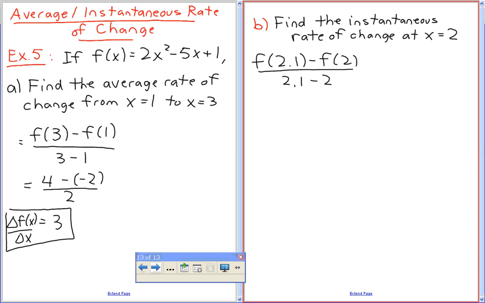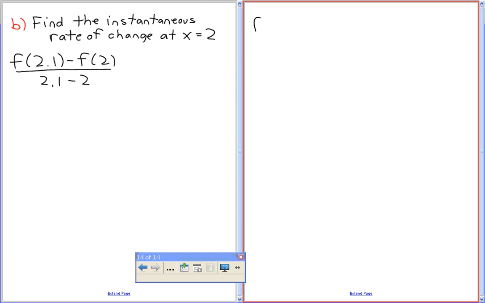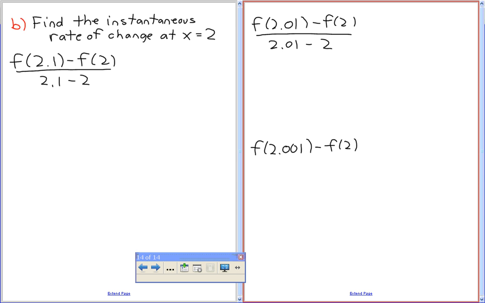Then I want f of 2.01 minus f of 2 all over 2.01 minus 2. Then I want f of 2.001 minus f of 2 over 2.001 minus 2.